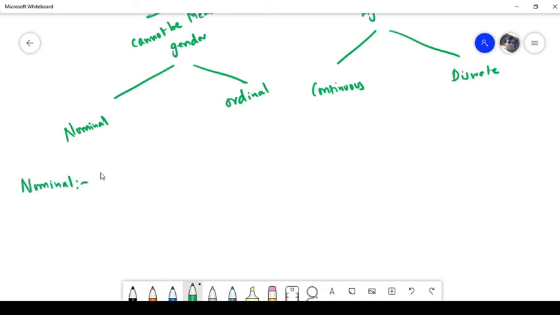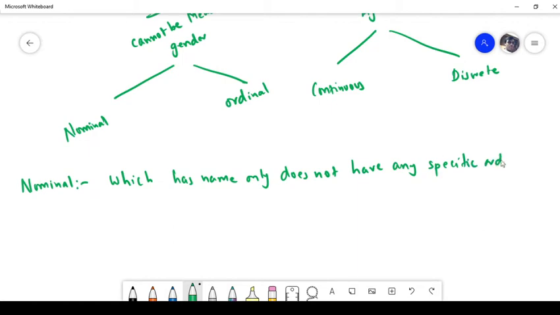Now, what is nominal data? Nominal data is a type of qualitative data which has name only, as in it does not have any specific order. Ordinal, as the name suggests, is ordered.